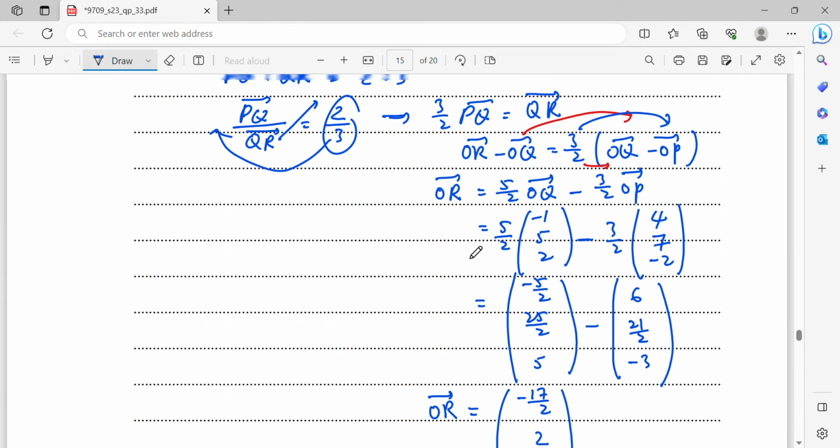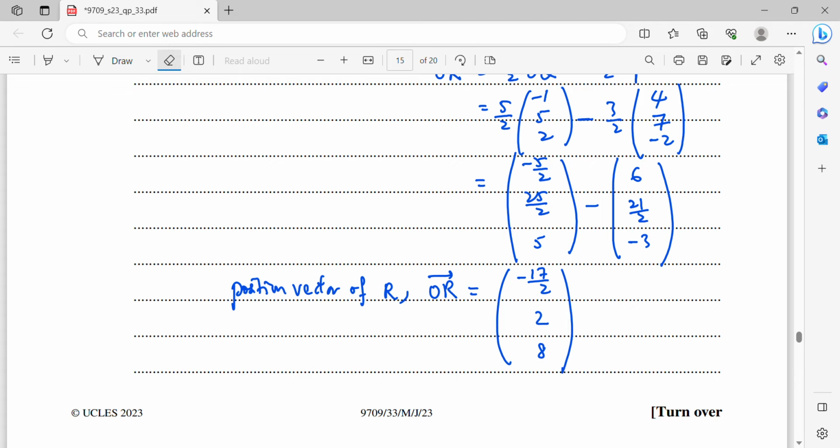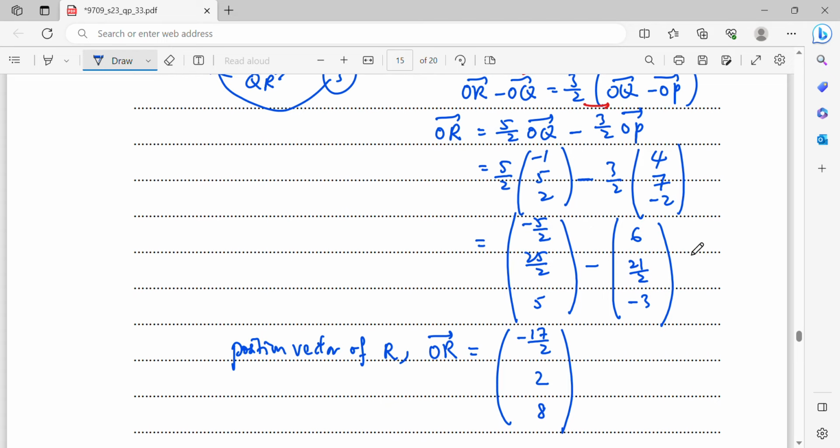Or probably I will just write here: position vector of R. Alright, so we have completed this question.